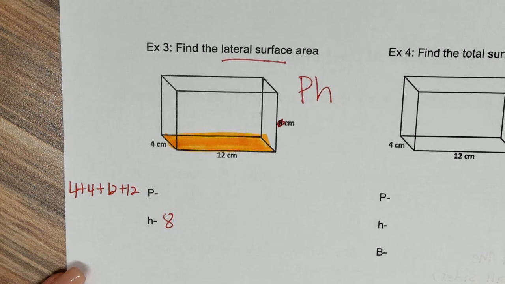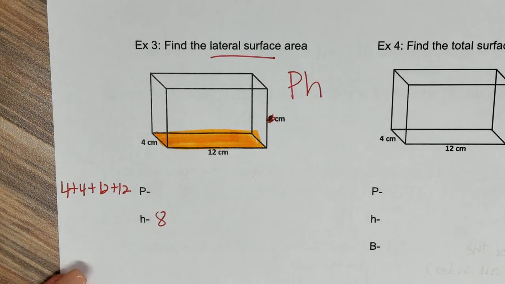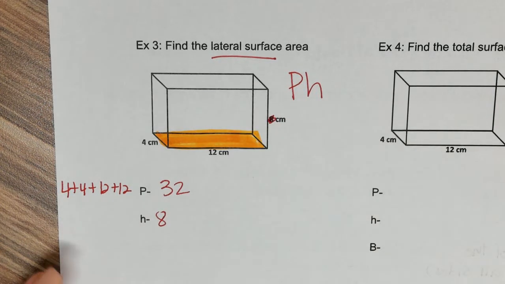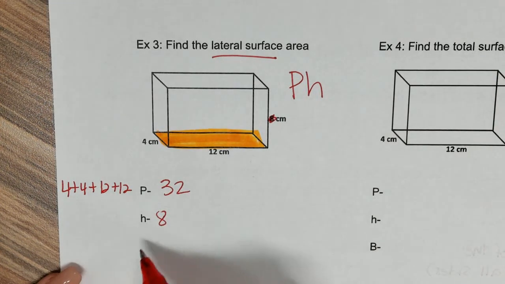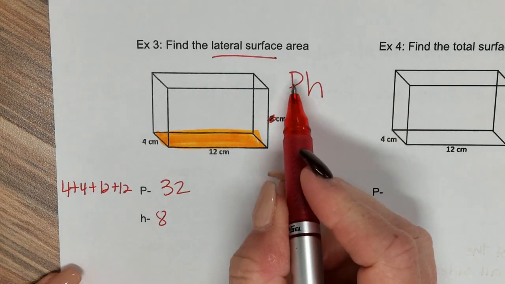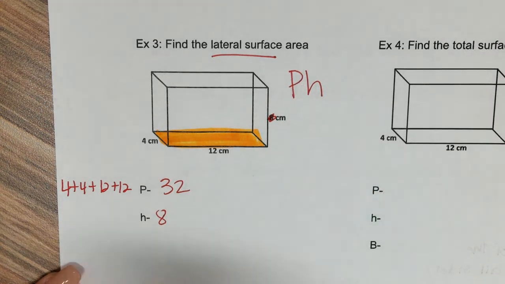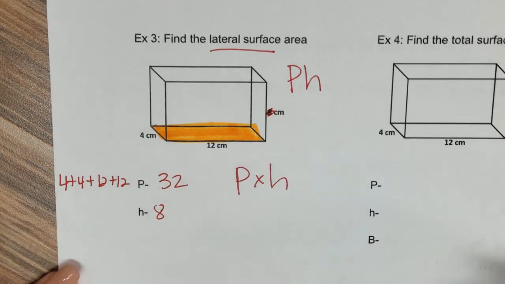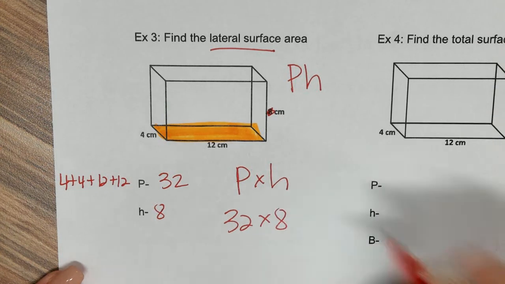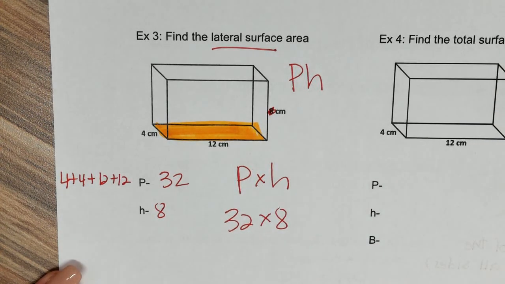All right, what is the perimeter of the base? 32. Now that I have my P and my H, my formula says to take P and multiply it by H. P times H, so 32 times 8, and that will give you your answer.